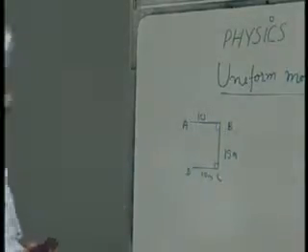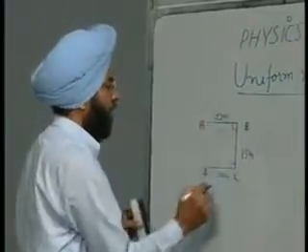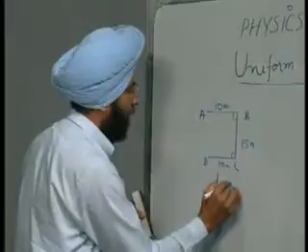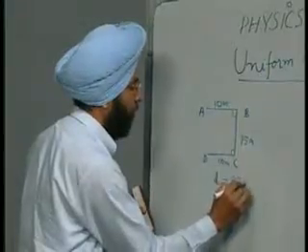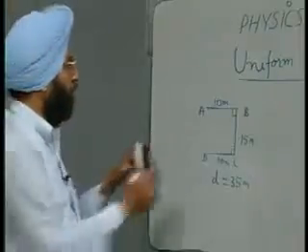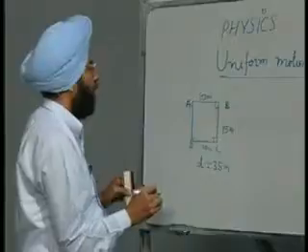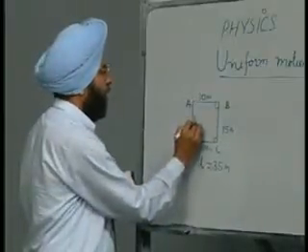Now, the distance travelled is the same, 35 meters. Now, what is the displacement? Displacement is from initial to final position. This is displacement.